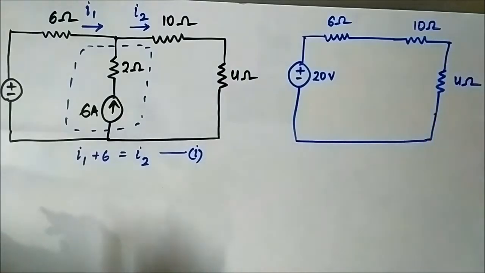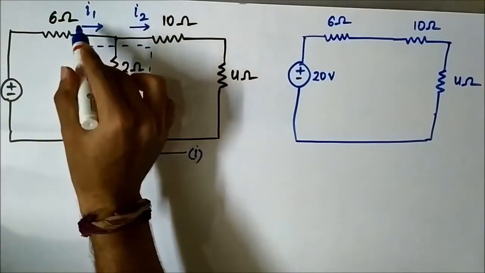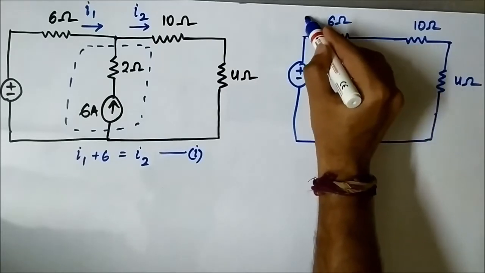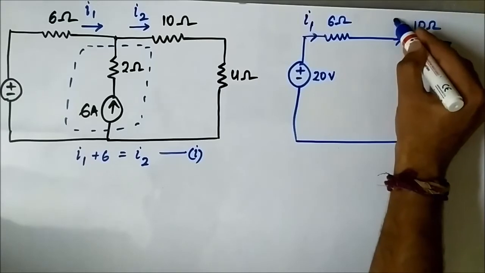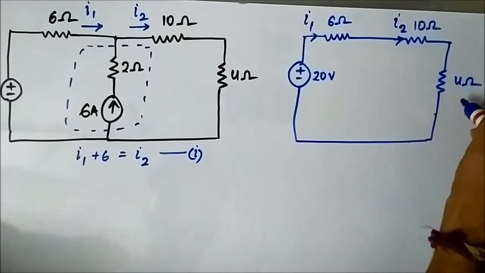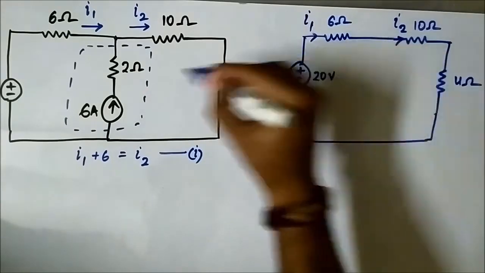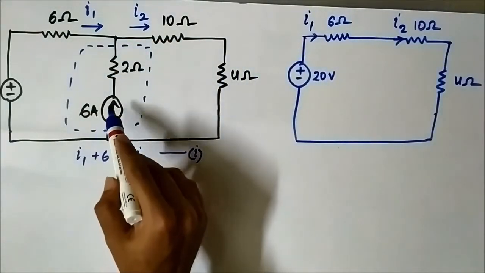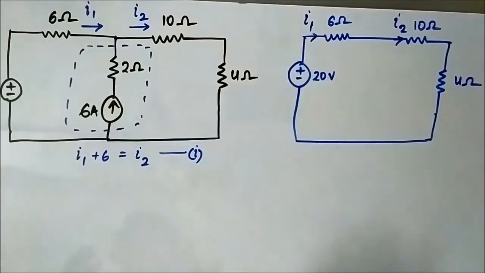The important thing here is that the currents I1 and I2 stay the same. I1 will flow through 6 ohm, I2 will flow through 10 ohm and 4 ohm as usual. The only thing is that we have removed the 6 ampere current source, and the 2 ohm resistor also went out of the circuit.